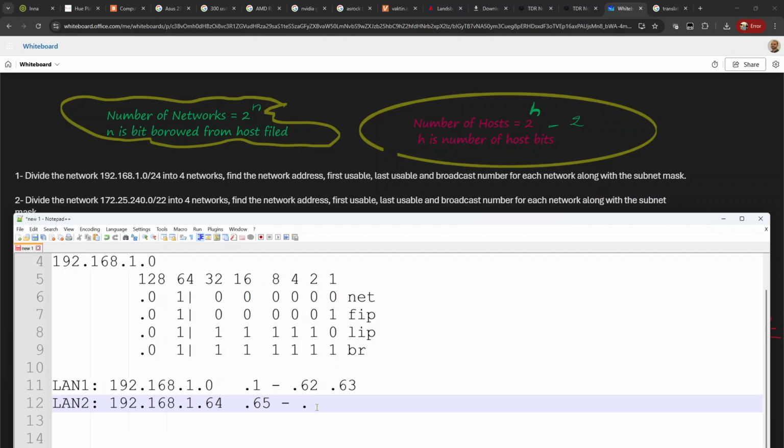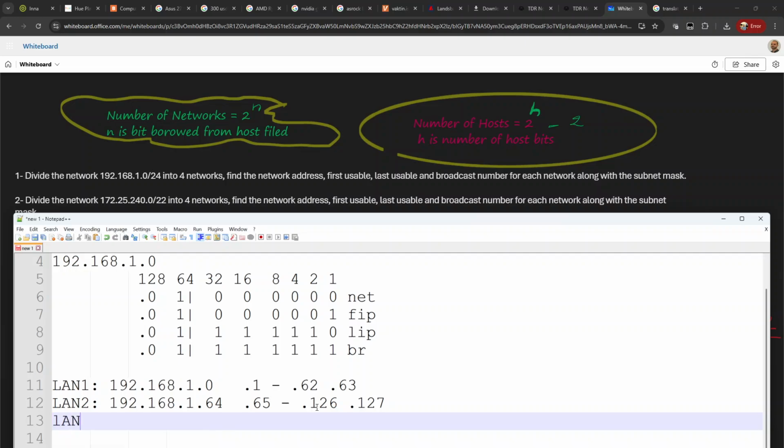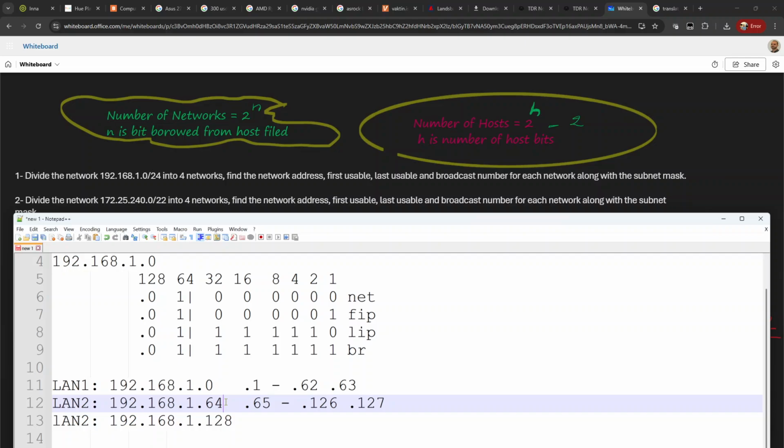And then .127 is the broadcast, and the next network that we're going to use is 192.168.1.128.